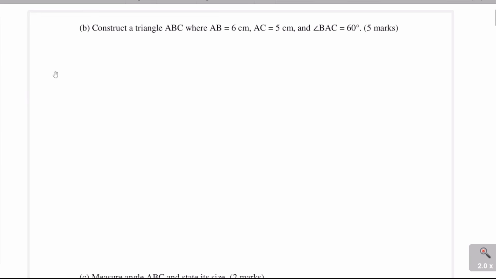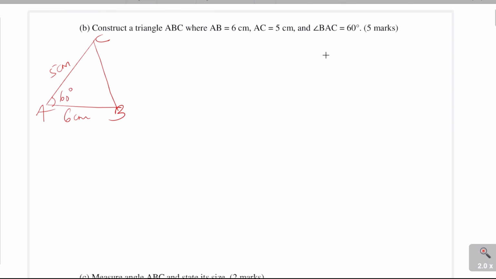So you can start by sketching. So that triangle should look like this: A, B, C, where AB is 6 centimeters, AC is 5 centimeters. Then angle BAC should be 60 degrees. And you can do all these without using a protractor.